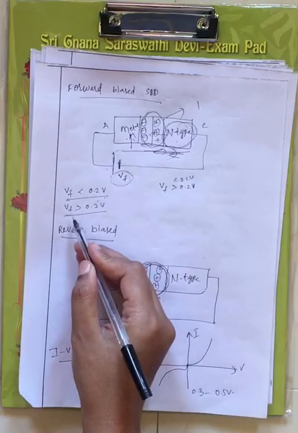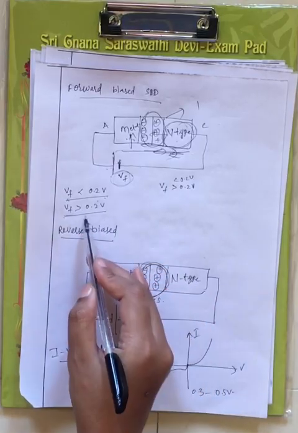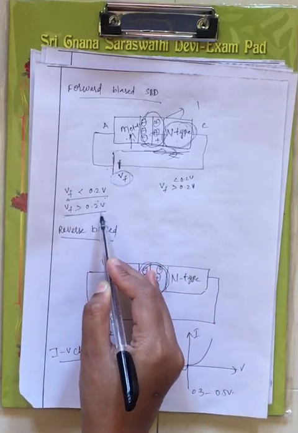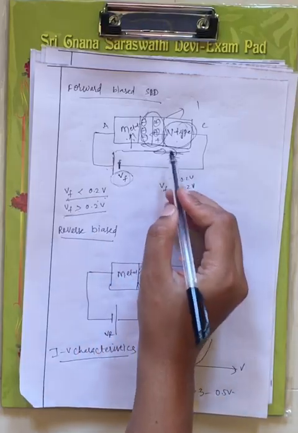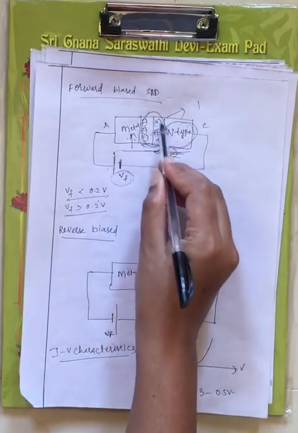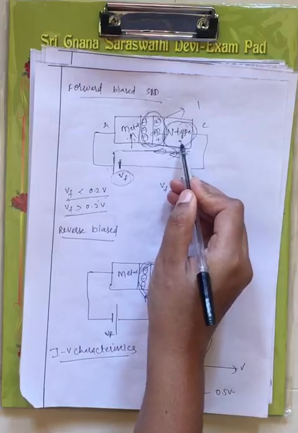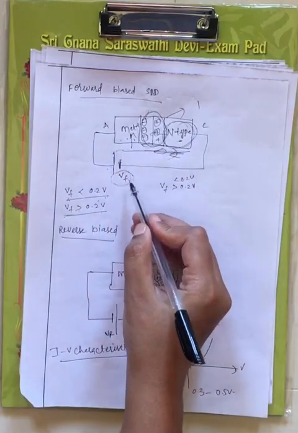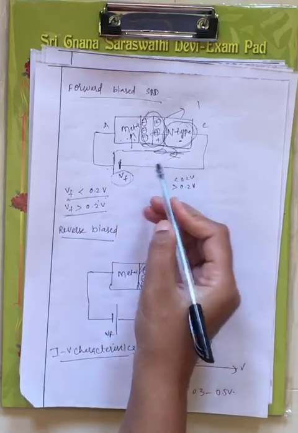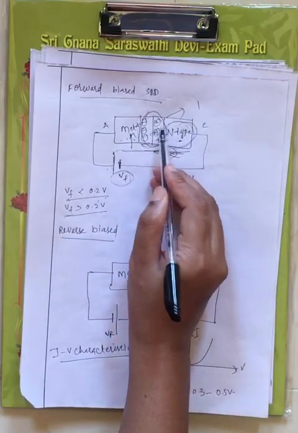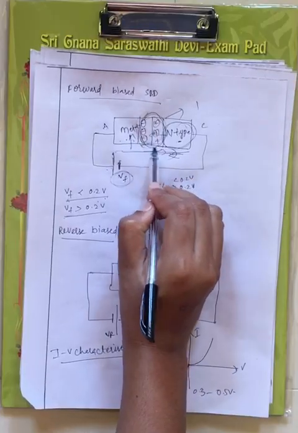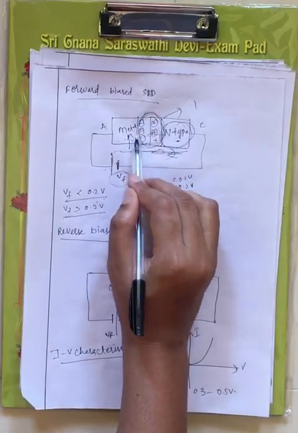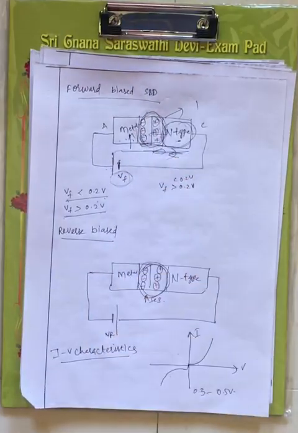Now if we increase the voltage greater than 0.2 volts, the electrons cannot move through this junction, right? Whatever electrons are present in the n-type will move towards the metal. If we apply a forward voltage greater than 0.2 volts, those electrons cannot move through this junction, right?